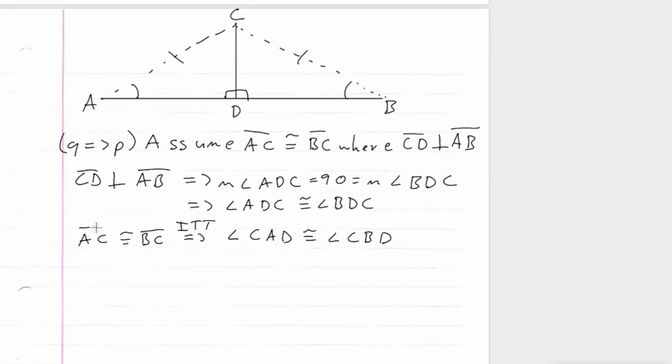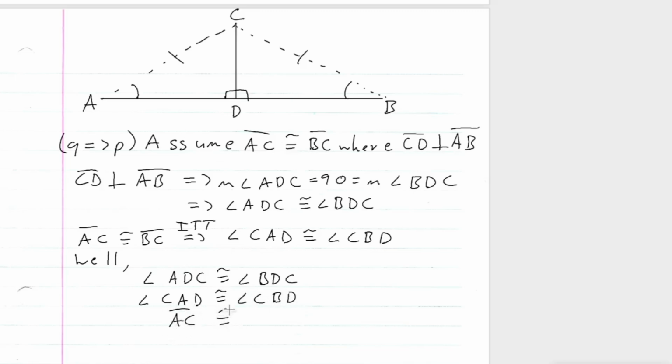Scoot it down. Well, we have angle ADC is congruent to angle BDC. We have angle CAD is congruent to angle CBD, and we have AC congruent to BC.